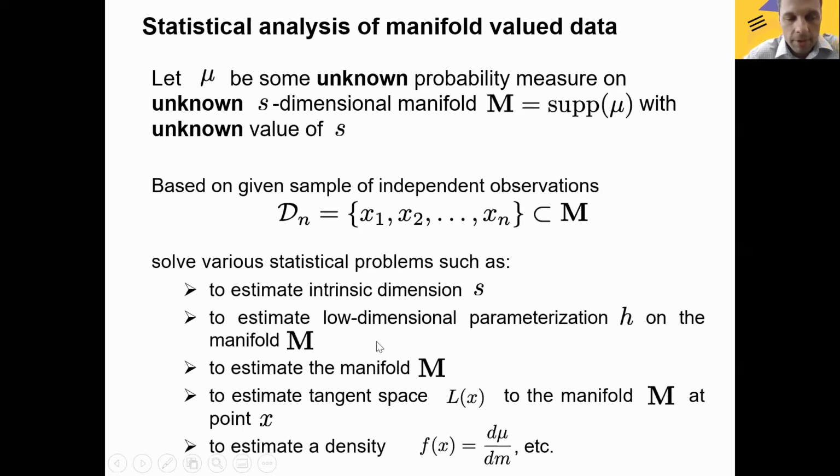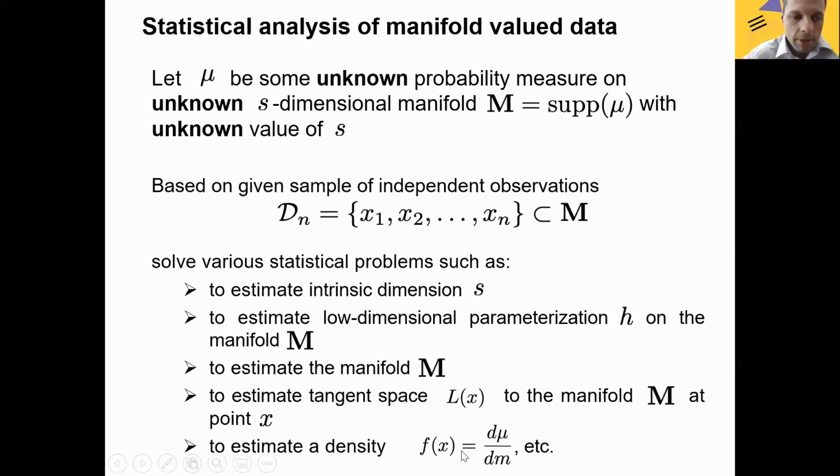Also, we would like to estimate the low dimensional parameterization H on the manifold, to estimate the manifold itself, and to estimate the tangent space. For some applications, it's important to estimate also the tangent space to the manifold.